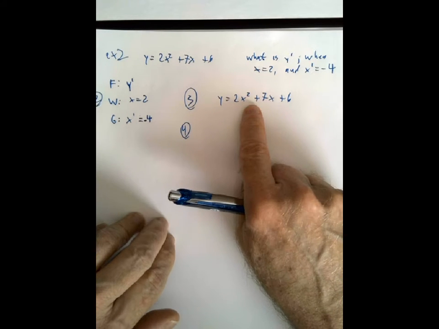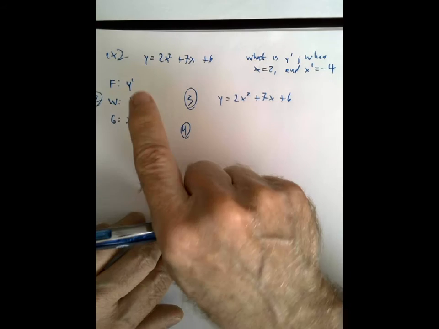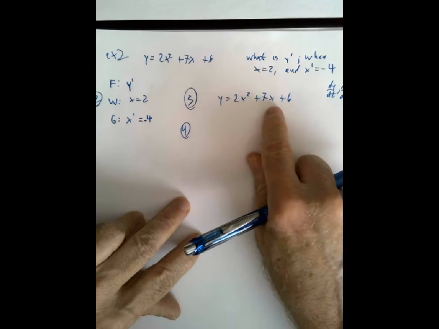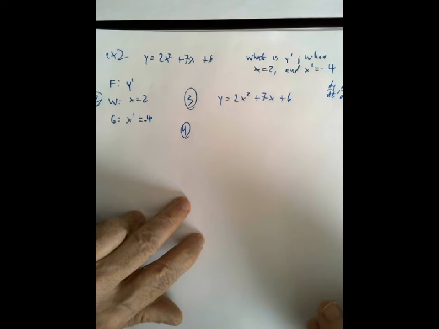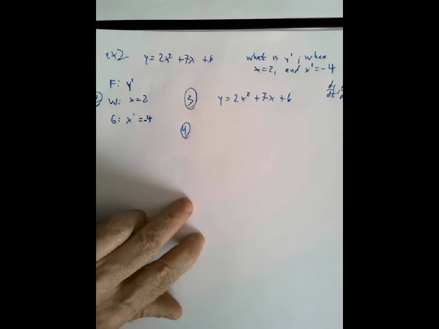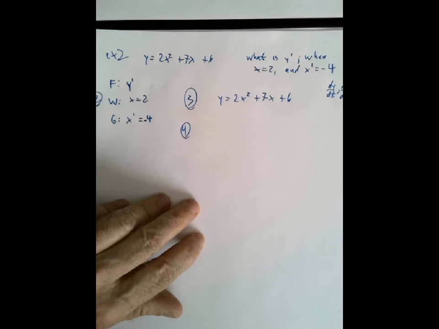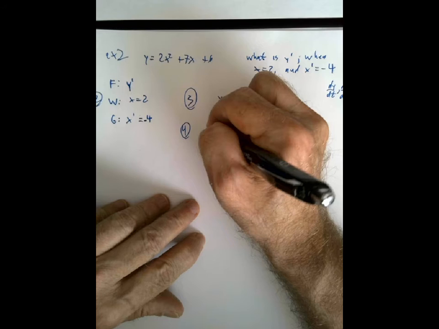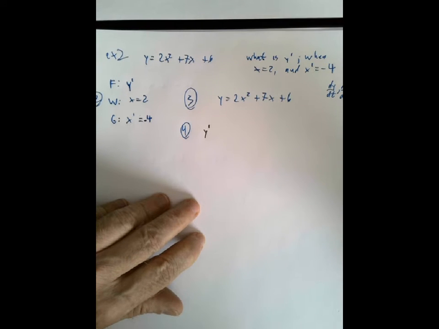Why? They're both functions of t. I didn't write it up there, but the variable t is implicit inside the function. Now we'll take the derivative. The derivative of y is y primed. Whenever we see a y, it's going to generate a y primed.